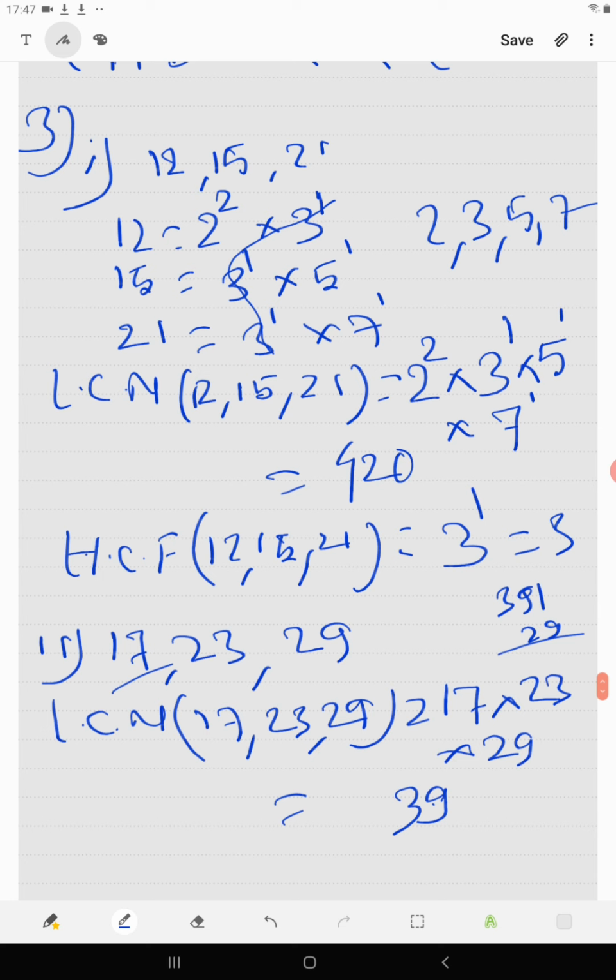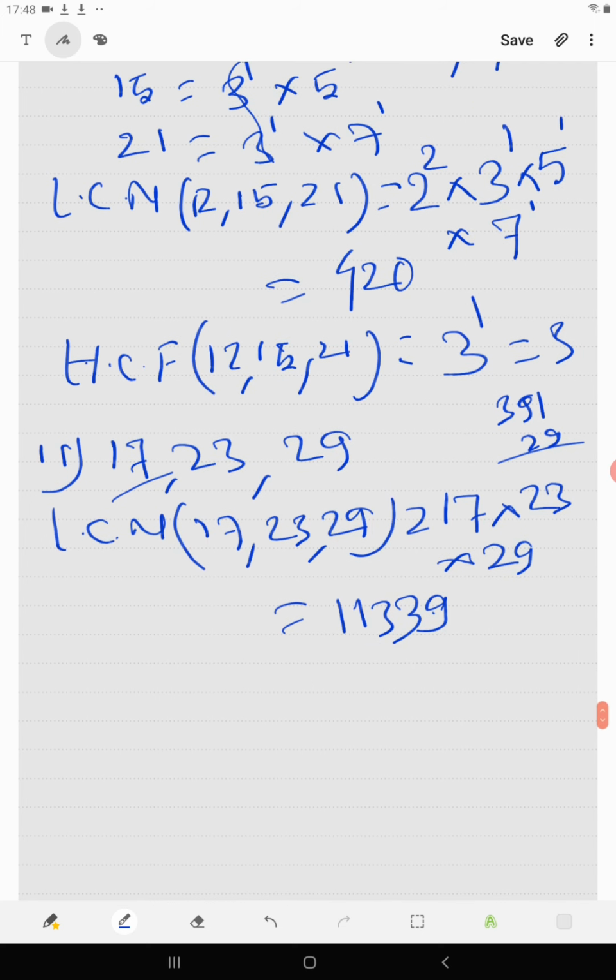So we are left with 26. 29 into 3 is 87. 87 plus 26 is 113. So we got 11,339. So this is our LCM.